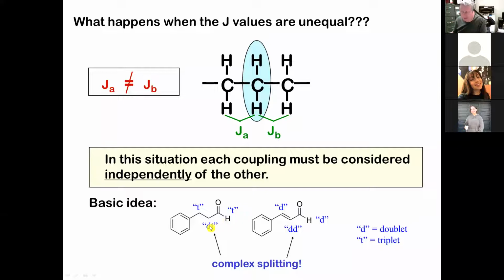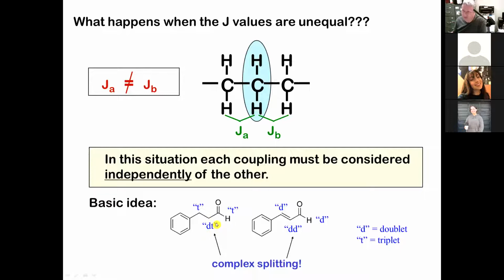When that happens, you think it would be two neighbors on one side, one on the other, three neighbors total. 3 plus 1, it should be a quartet, right? But it's not a quartet. It actually comes out as this thing called a doublet of triplets, or also called a triplet of doublets.